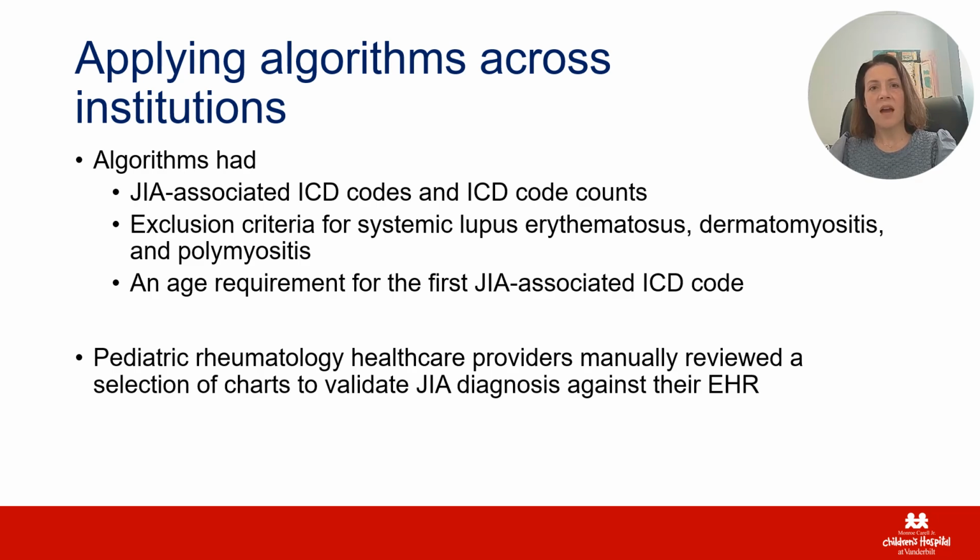So we then applied the algorithms at each of these three institutions. In the algorithms, we used JIA-associated ICD codes and the ICD code counts. We applied the exclusion criteria in each algorithm, and we had an age requirement for the first JIA-associated ICD code. The pediatric rheumatology healthcare providers manually reviewed a selection of charts to validate the JIA diagnoses against their EHR.